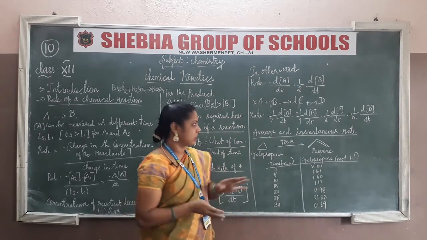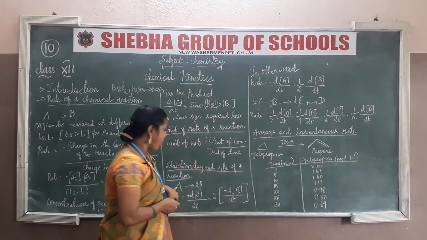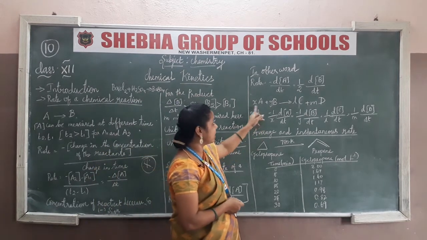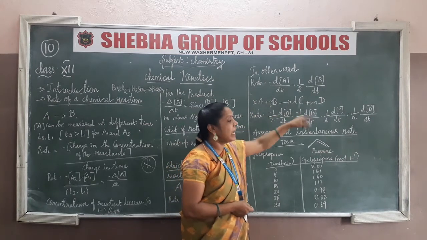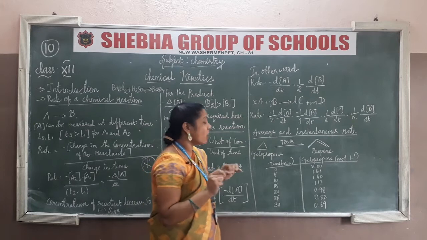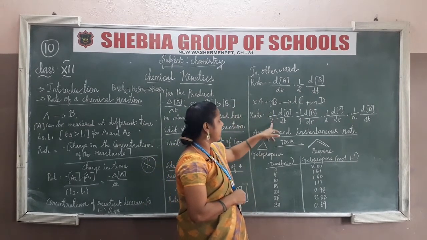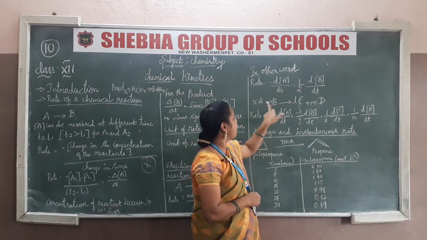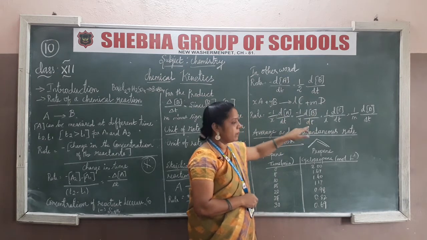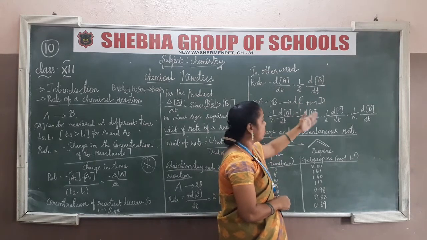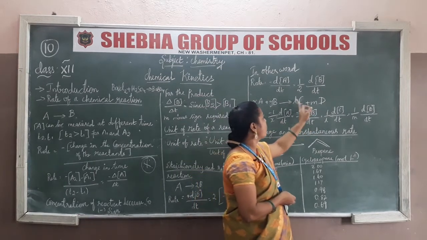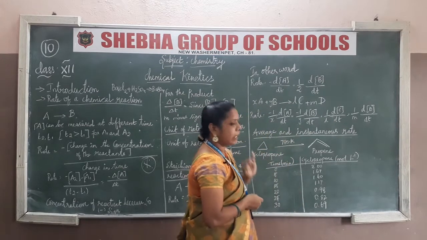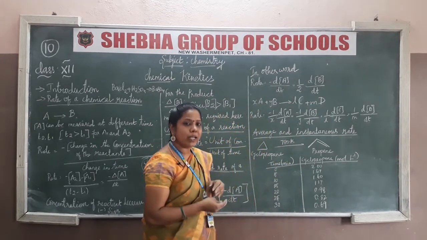For the product the sign is positive. Earlier, A was the reactant and B the product. If you keep that in mind here, you will get confused, because here A and B are both reactants and C and D are the products. So apply it carefully with the concentrations. Rate is equal to minus 1 by x dA by dt, equal to minus 1 by y dB by dt, and also equal to, for the product with the positive sign, 1 by l dC by dt, equal to 1 by m dD by dt. This is the format for expressing the rate of reactions.